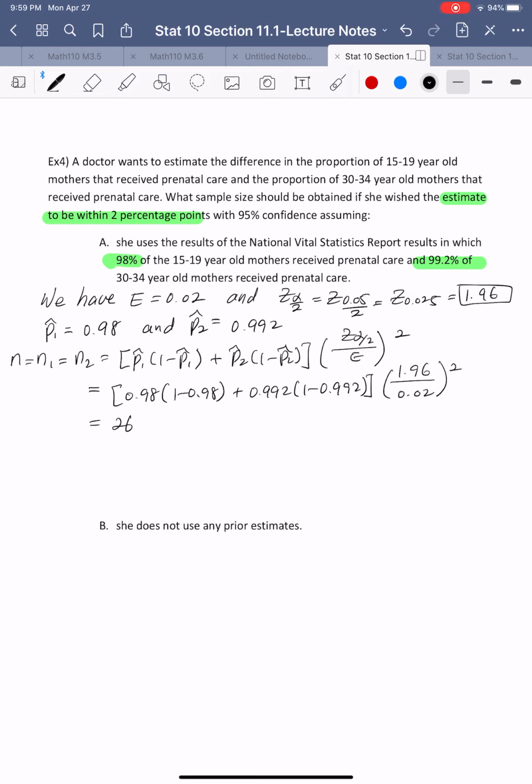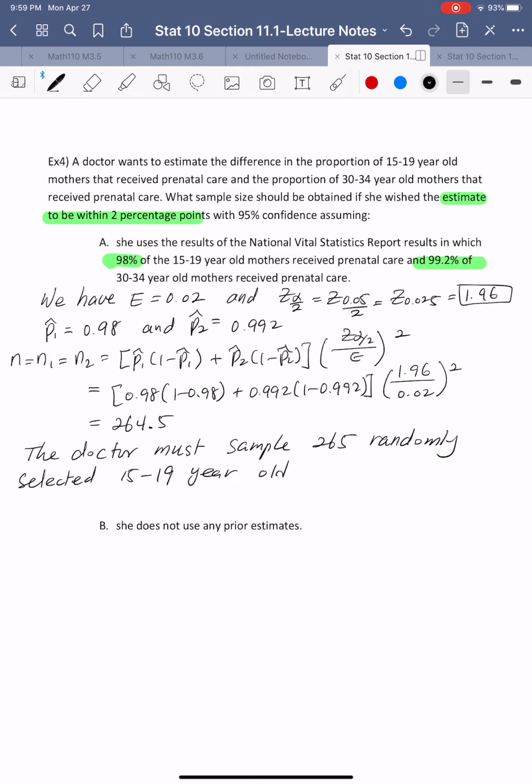And then I got 264.5. That means the doctor must sample 265 randomly selected 15 to 19-year-old mothers, and also 265 randomly selected 30 to 34-year-old mothers too.